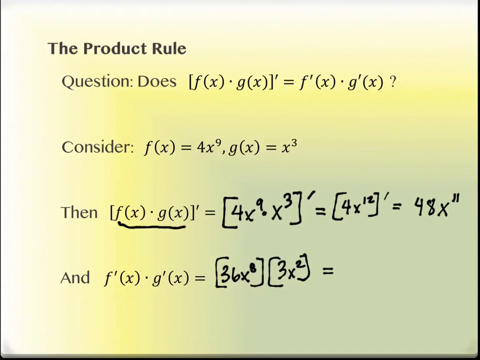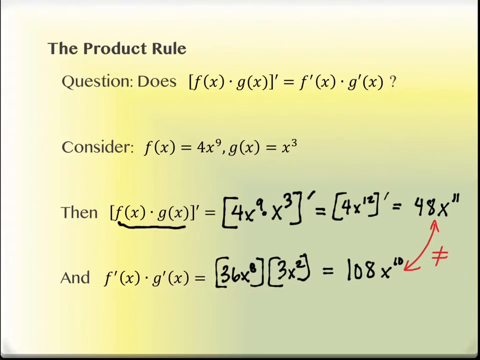And then if we multiply these together, you don't get what we just got, right? In particular, what you do get is 108x to the 10th. But more importantly than what it actually is, it's not the same thing. It just isn't. So it does not work the way we would expect it to.